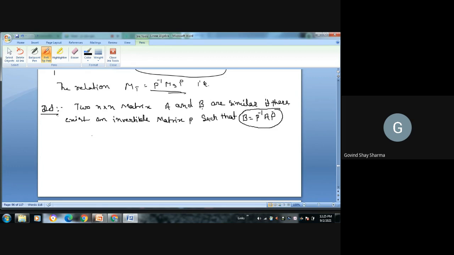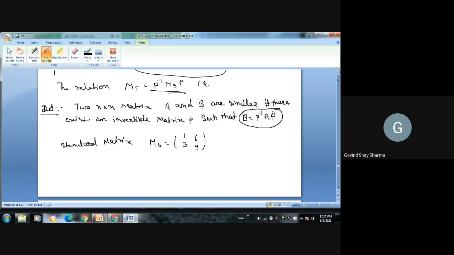Now, in the above example, we have the standard matrix M_S with columns (1, 3) and (6, 4). We found the standard matrix.